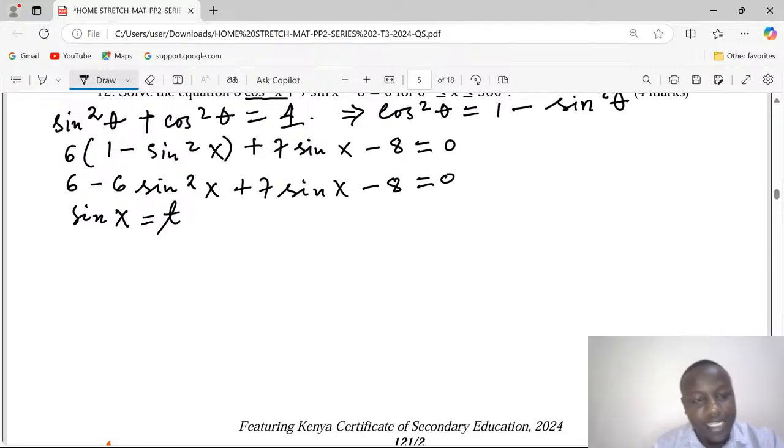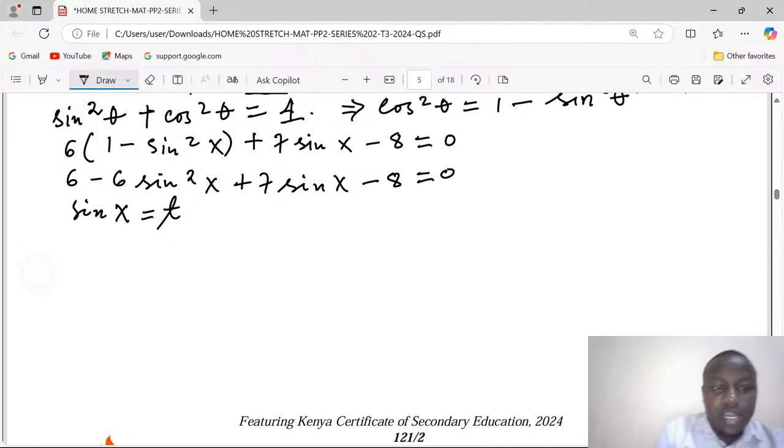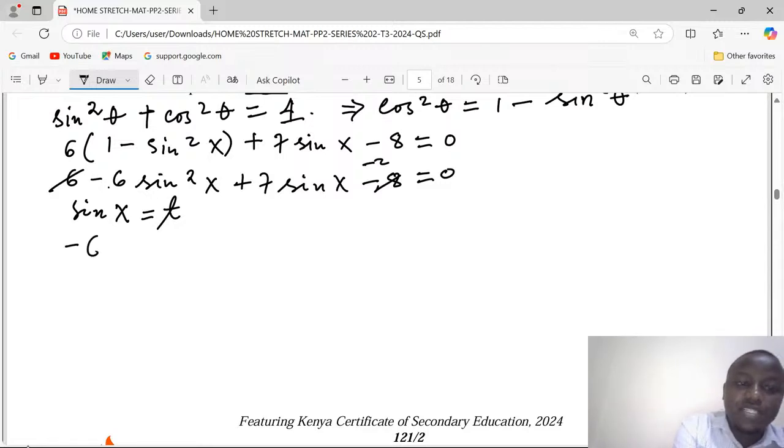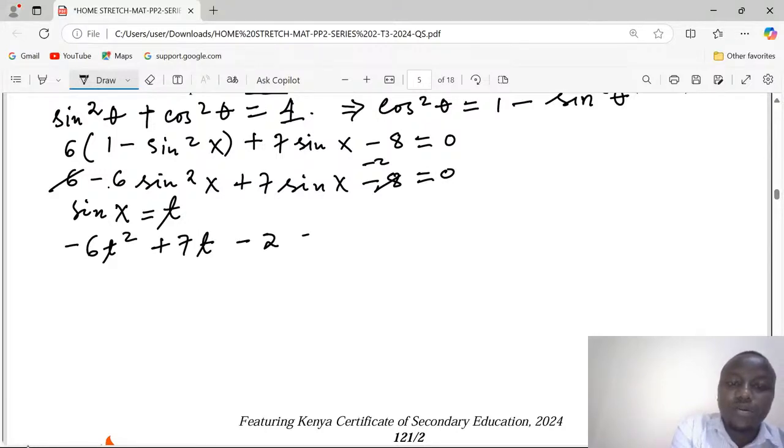Then 6 and negative 8 can be grouped together to be negative 2. So we will have negative 6t squared plus 7t minus 2 equals 0.